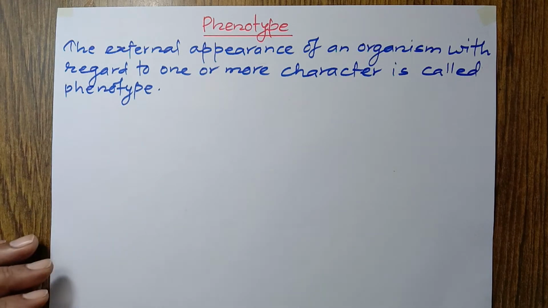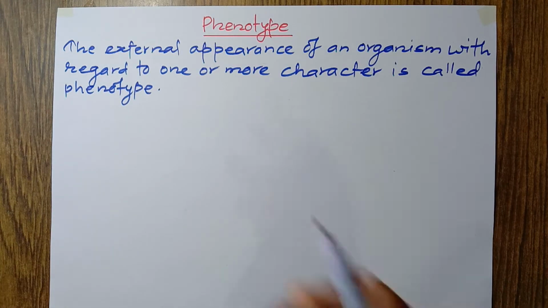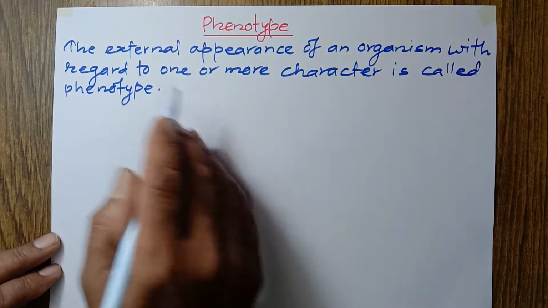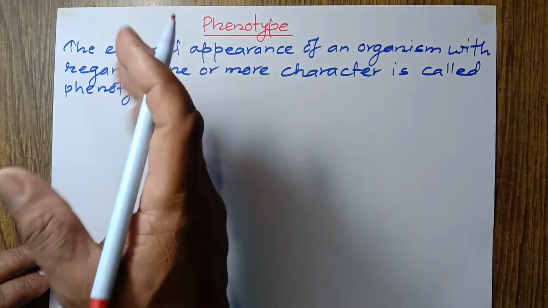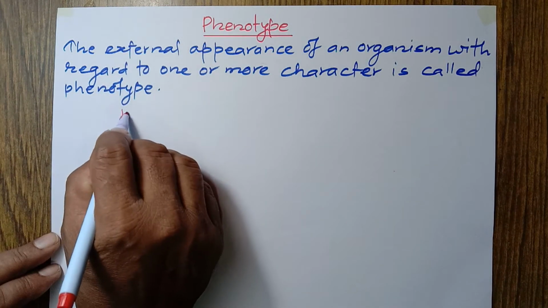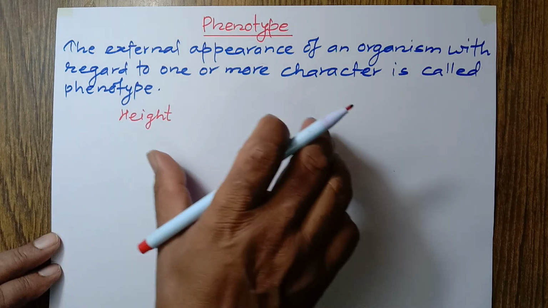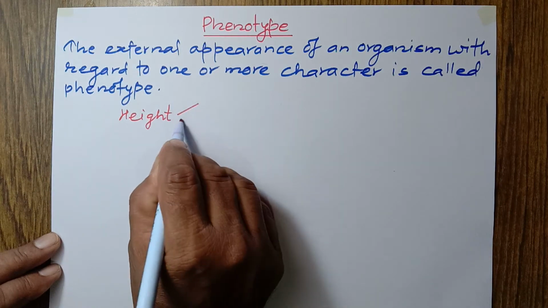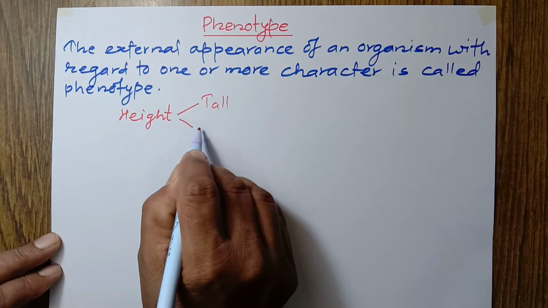For example, Mendel noticed that the height of different pea plants is different. Some are tall, some are dwarf. Height is one of the characters of the pea plant. It has two factors: one is tall, another is dwarf.